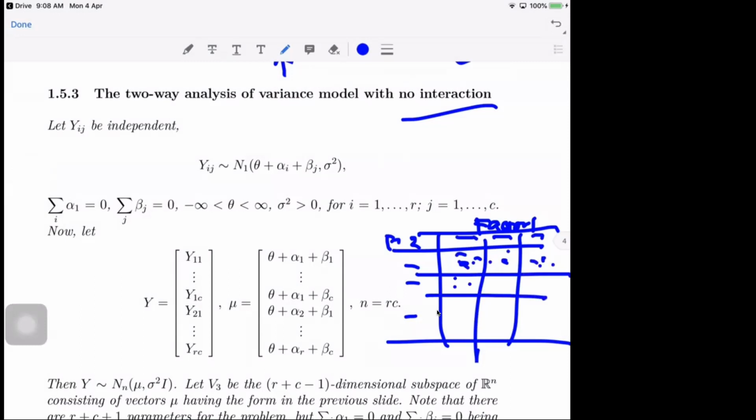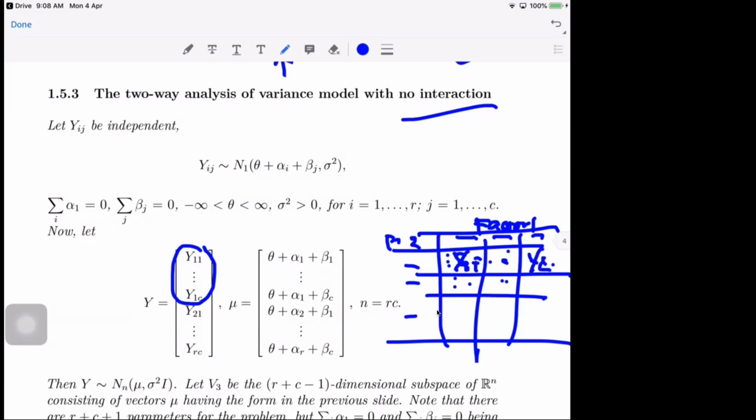So that's it. So these y11 to y1c here is the number of entries per cell. So this is your 1,1.